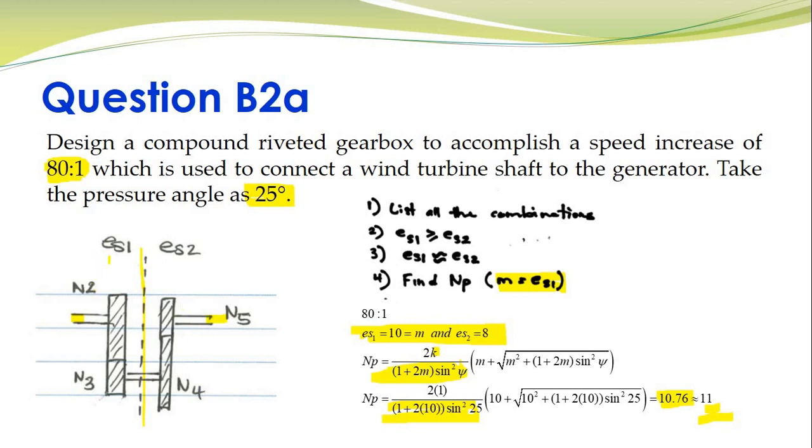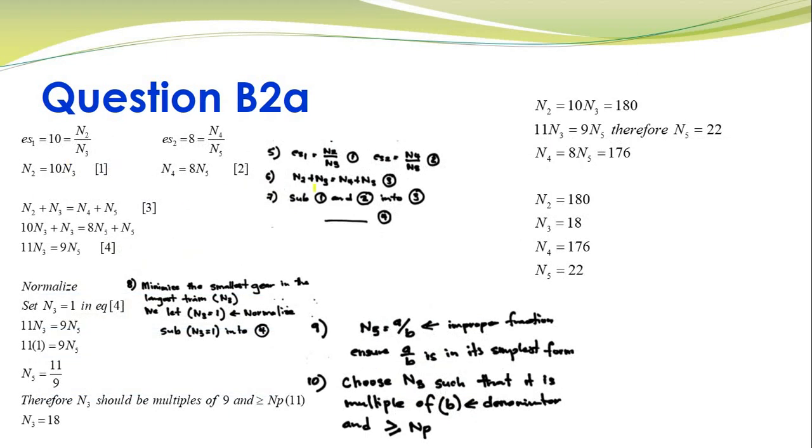Therefore ES1 is simply driving, which is N2, divided by driven, which is N3. So ES1 is N2 over N3, and ES2 is simply equal to N4 over N5. So this is what I have over here.